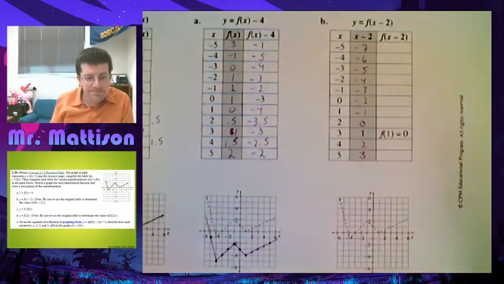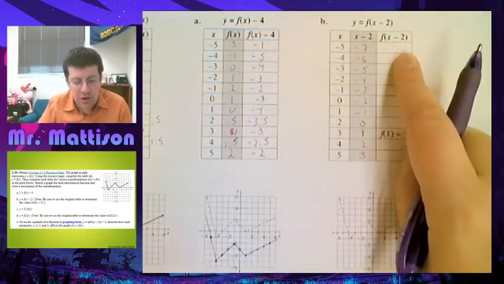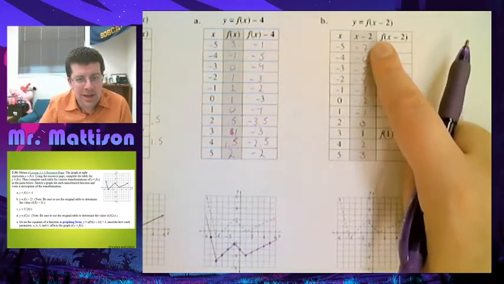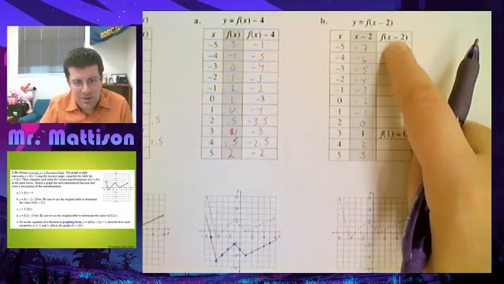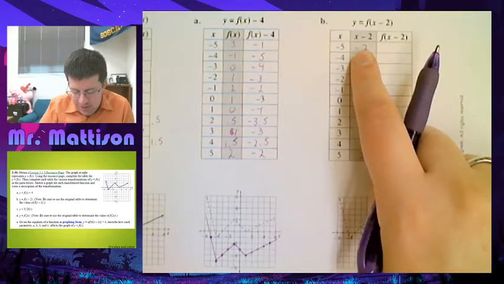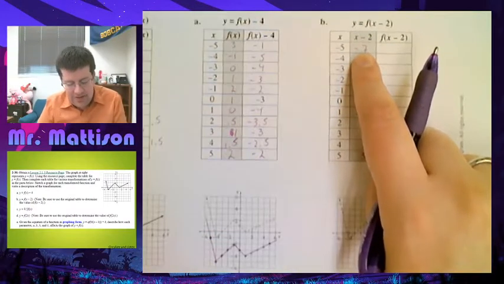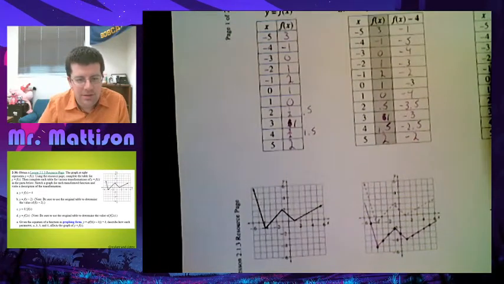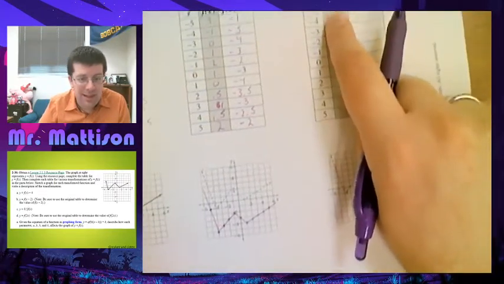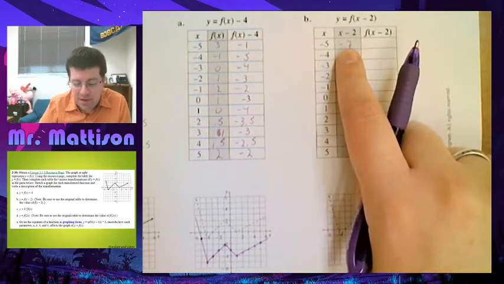So now, let's go over here and say, hey, what's the f of x minus 2? Well, I don't know what the f of negative 7 is because it's not over here, right? I can make a guess, but I don't have it, so I don't know.